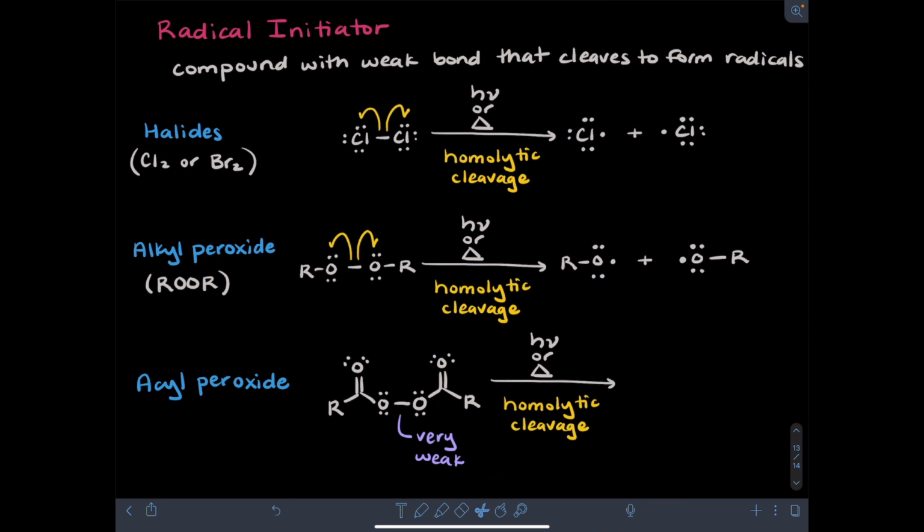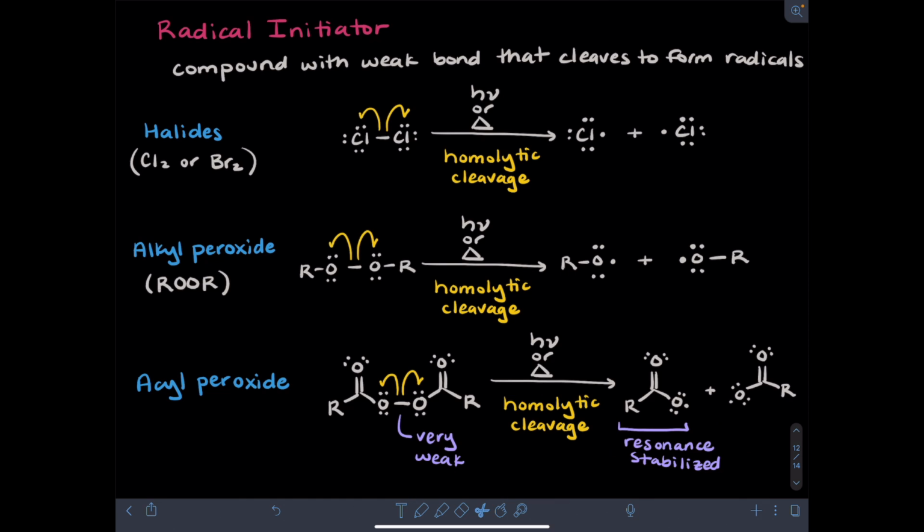And a special type of peroxide is known as an acyl peroxide, where each peroxide oxygen is attached to a carbonyl carbon. And this oxygen-oxygen bond is extremely weak. It can also be homolytically cleaved by treatment with light or heat. This homolytic cleavage would result in the formation of 2 oxygen radicals.